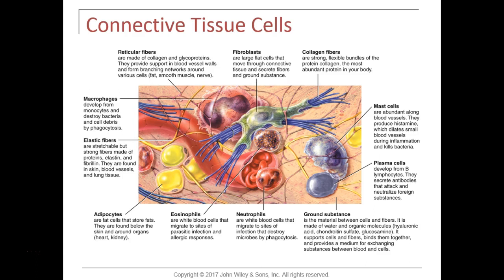It's also a medium through which we can have the exchange of nutrients, waste products, respiratory gases to and from the blood in the blood vessels to all the cells in the connective tissue, but also to all of the epithelial cells that would lie above a connective tissue, which is not shown in the picture. So this diagram actually represents what we call areolar connective tissue, one of the most abundant and widely distributed connective tissues in the body.